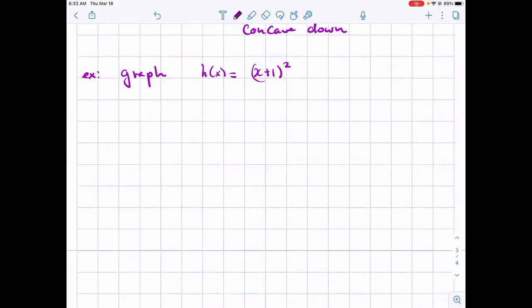So now let's look at the graph of x plus 1 squared. Now keep in mind here, the degree is still even, so you can create a table for this graph also. Now, x plus 1 squared will be very similar to x squared.